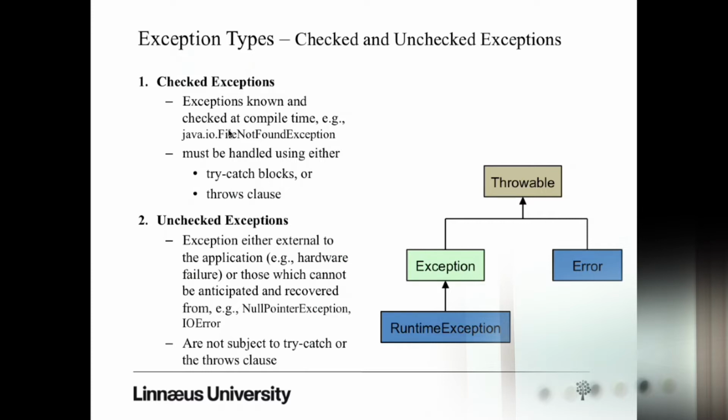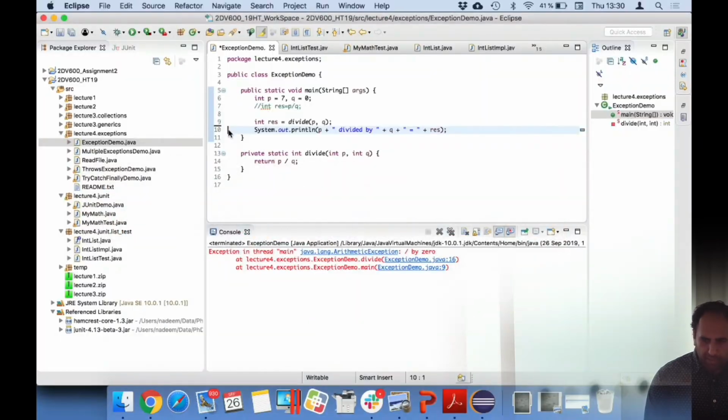But for all other classes that are subclasses of the Exception class, you must provide an exception handler, for example FileNotFoundException. For example, we have seen one kind of exception, the arithmetic exception. Here we have not provided any exception handler, and the Java compiler did not care.